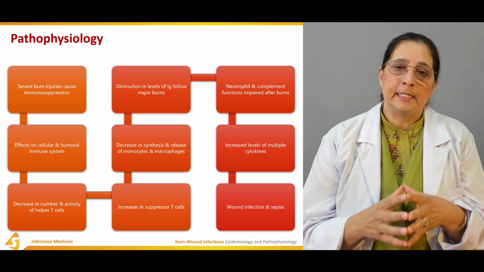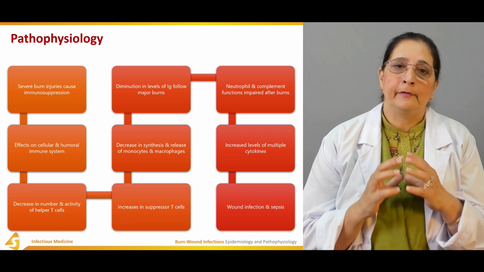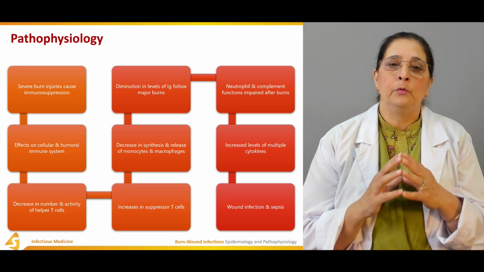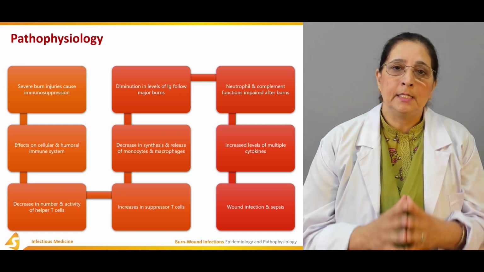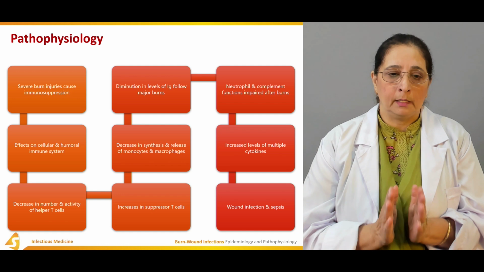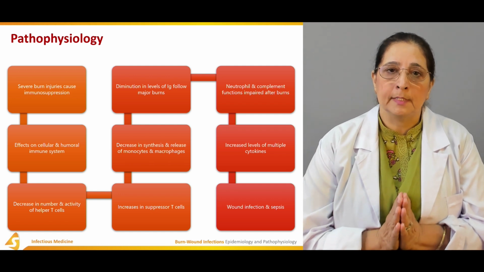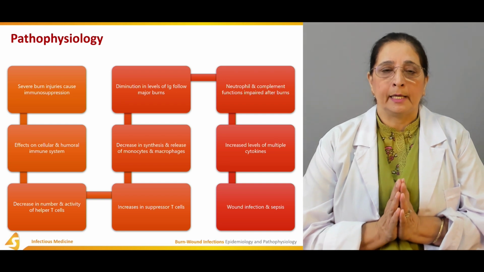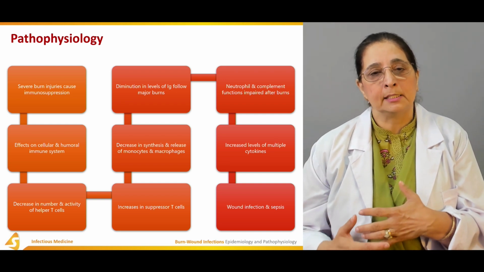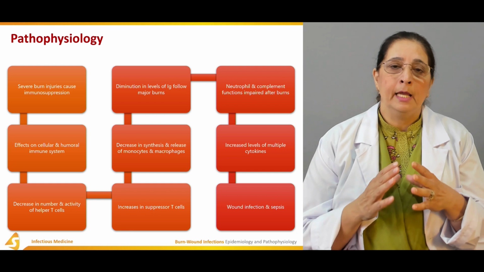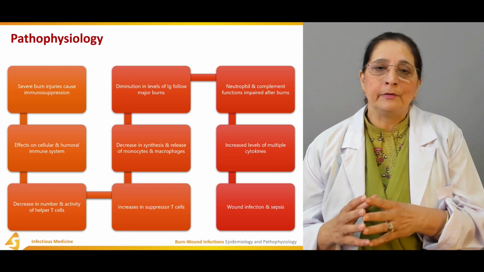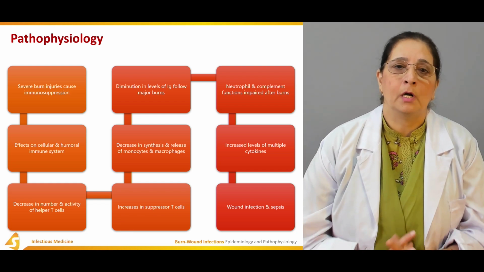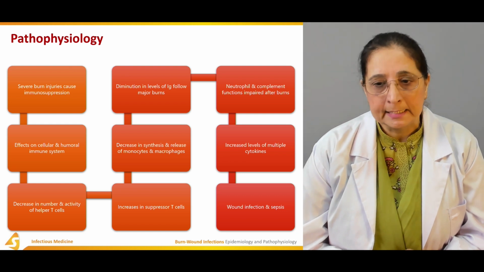So all these steps occur. There is a decrease in the immune system, a decrease in the number of helper cells, an increase in suppressor cell activity, and all these factors ultimately, as a result of release of different cytokines, cause infection and sepsis.